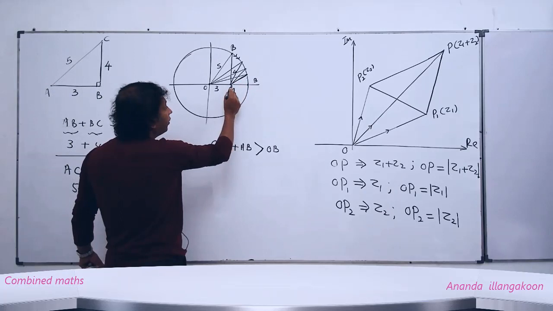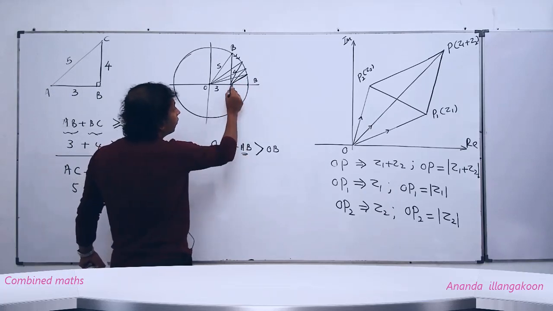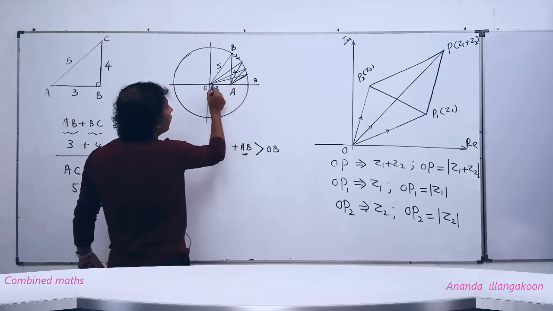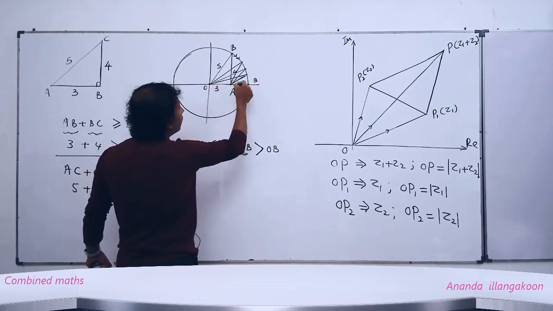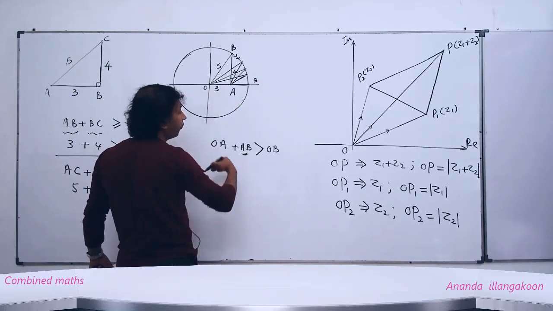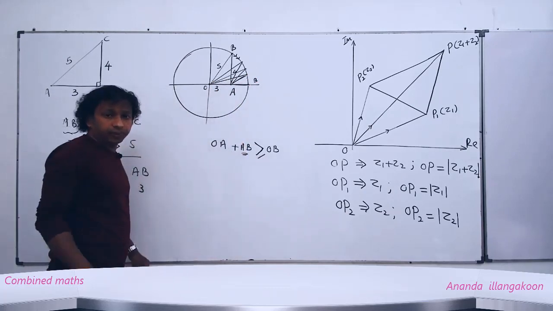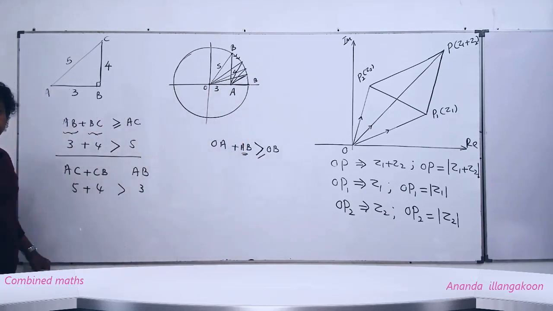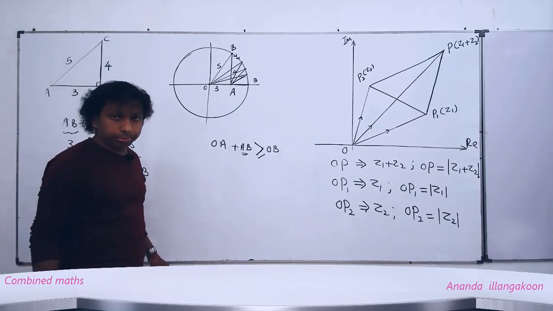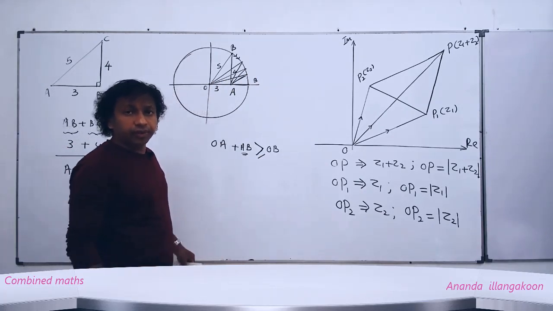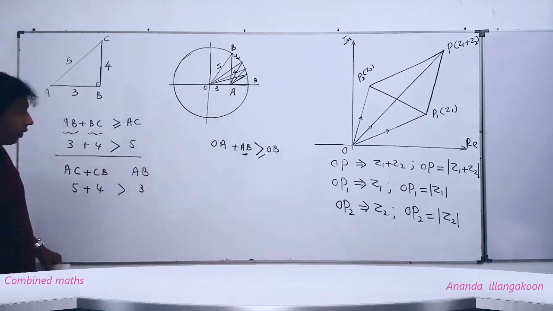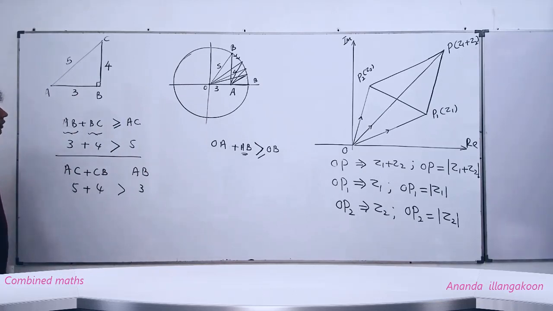That means this AB side is equal to this. OA side is this, AB side is this. And this OB side is, when the B comes here, equal to this. Then the equal sign becomes valid. This equal sign becomes valid when the triangle has 0 area. That is the case the equal sign is valid. Okay, right. So that is the first thing you should understand here.